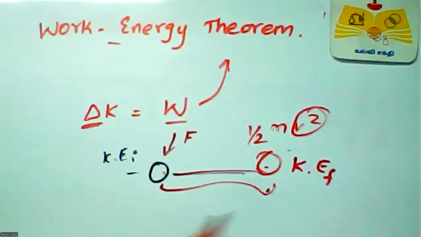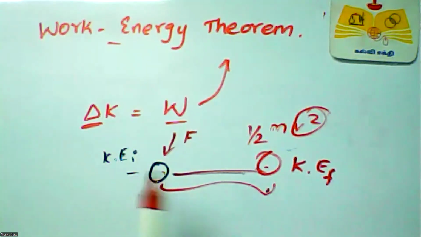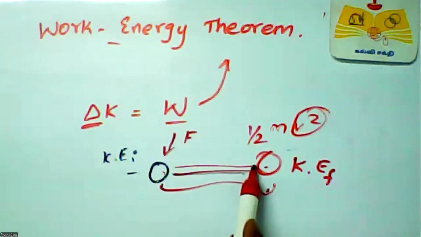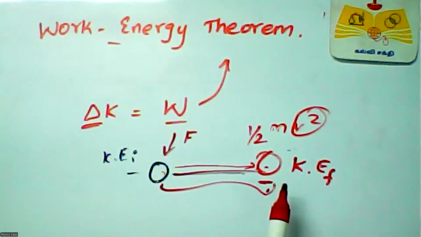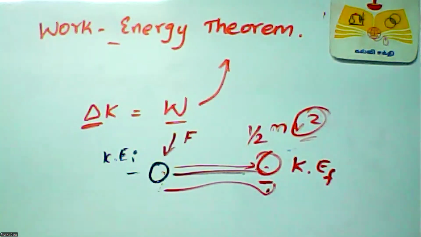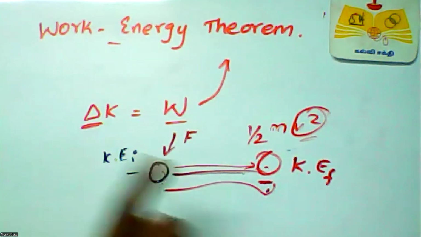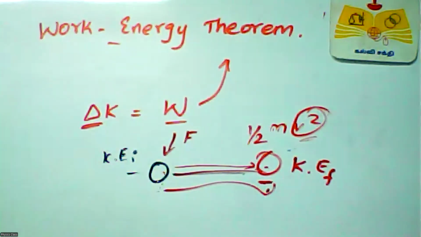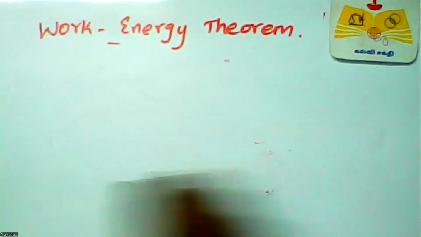Here it has some kinetic energy. After some time it travels this distance, and in this position it has a different kinetic energy, because the velocity increased. That is why I can write delta K, because the kinetic energy is changing. So the changing kinetic energy is equal to work done.